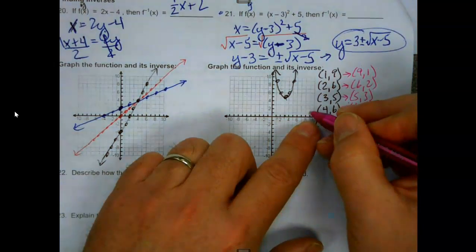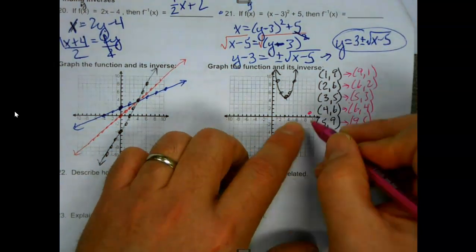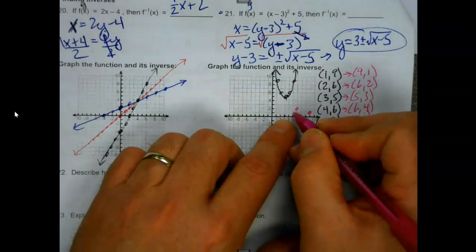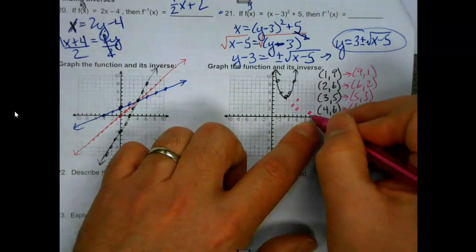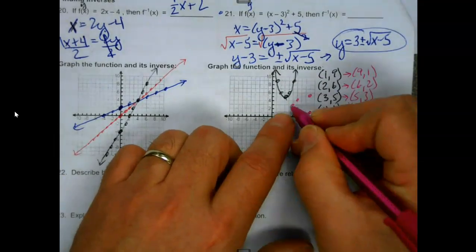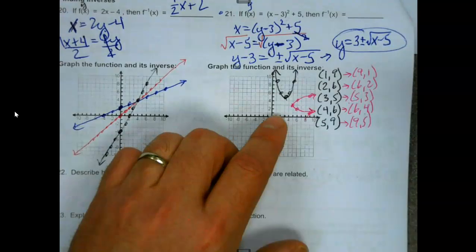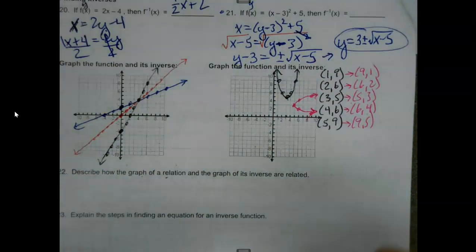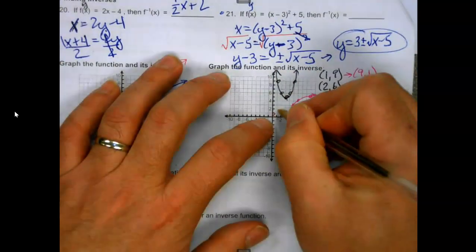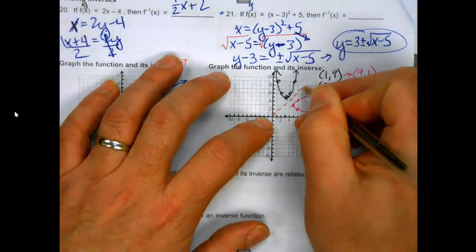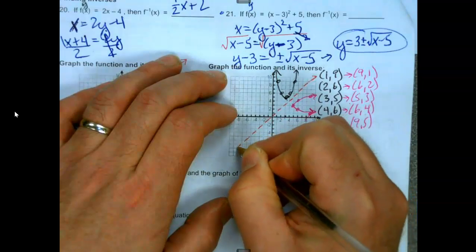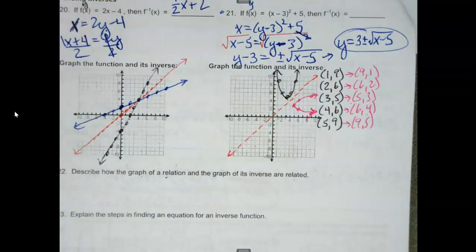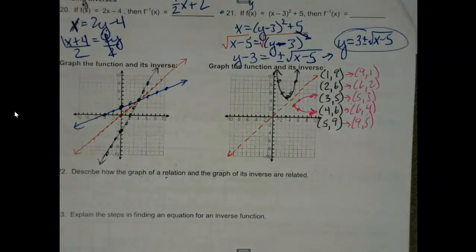So 9, 1, 6, 2, 5, 3, 6, 4, 9, 5. Where's my red pen for down the middle? And draw my inverse without putting this in the calculator.